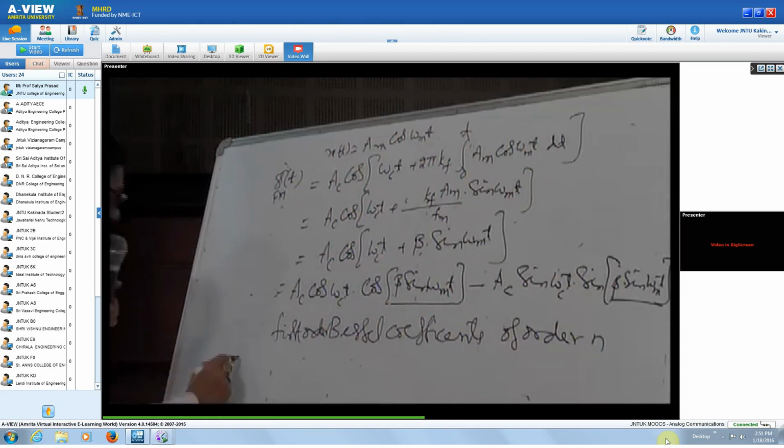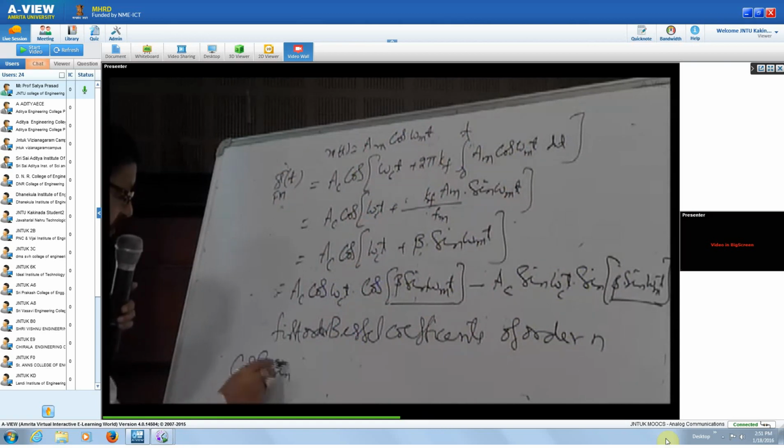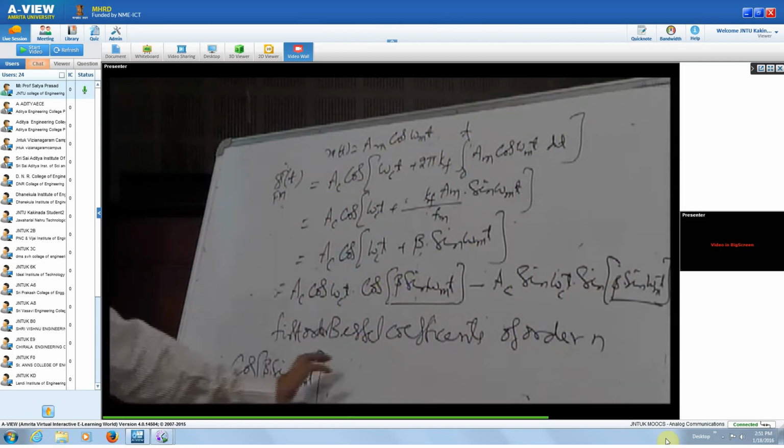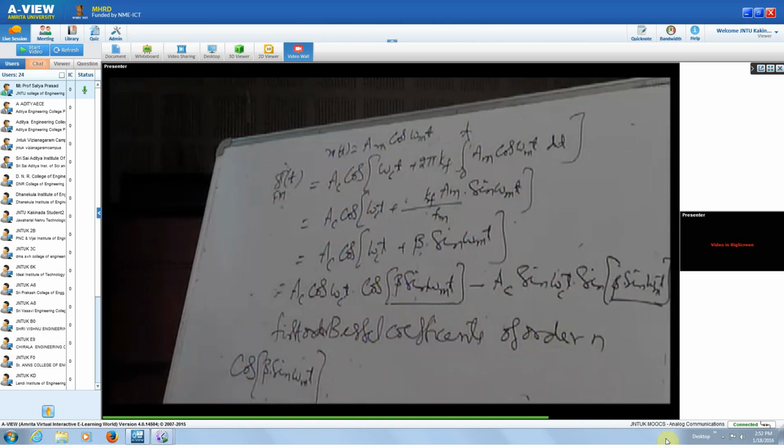Therefore, this cos of beta sin omega m t, cos of theta, is an even function, right? So what will be the coefficients? What are the characteristics of the coefficients of an even function?